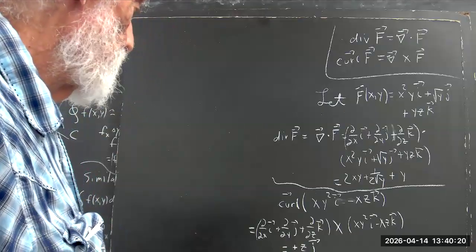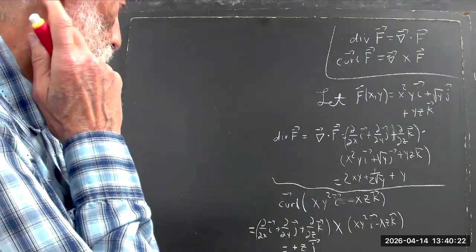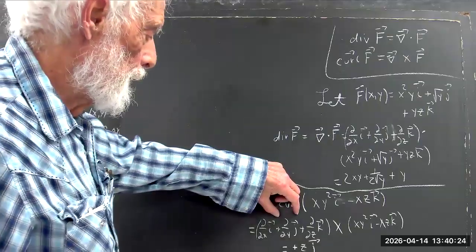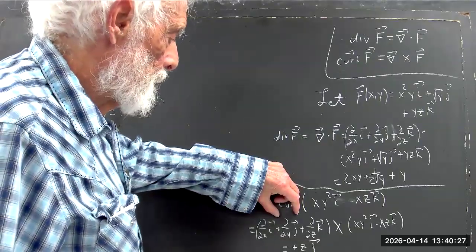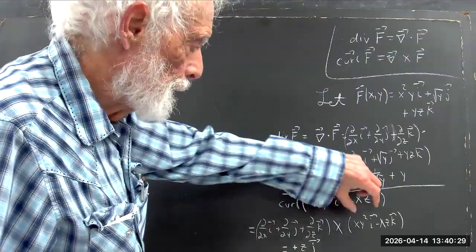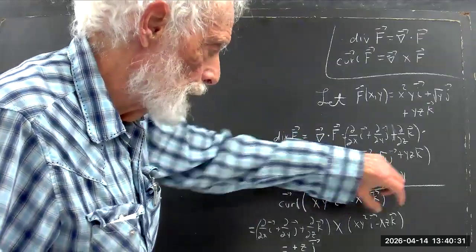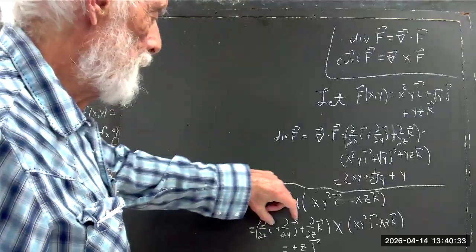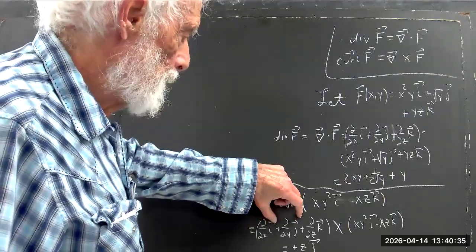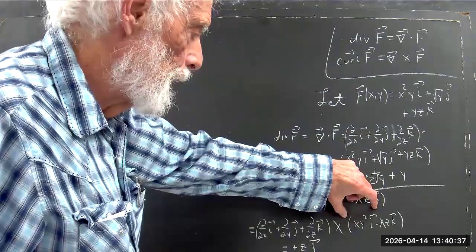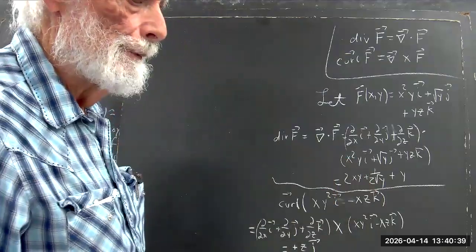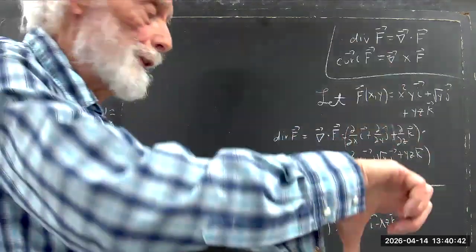Okay. Then partial with respect to y j has to be crossed with xy squared i, and has to be crossed with negative xz k. That's easy. Partial with respect to y j crossed with xy squared i. j cross i, well, j cross i is negative k.